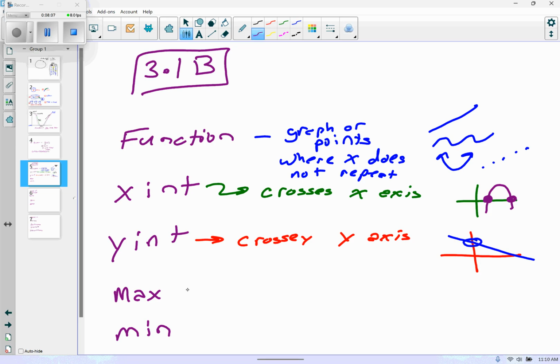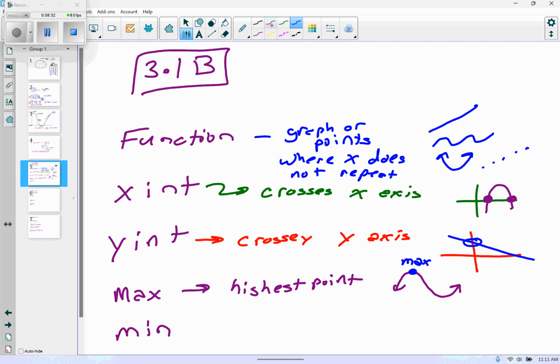Okay, a maximum is the highest point or greatest value. So on a graph, let's say I had a graph that looks like this. This would have a maximum point right there.